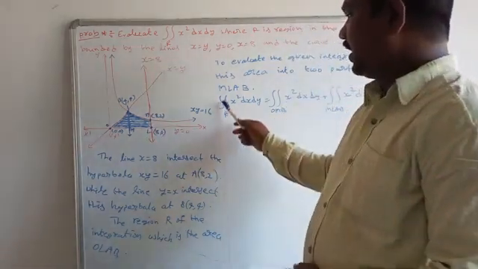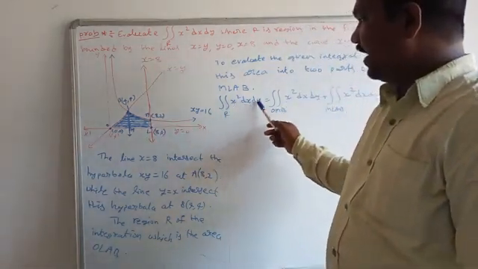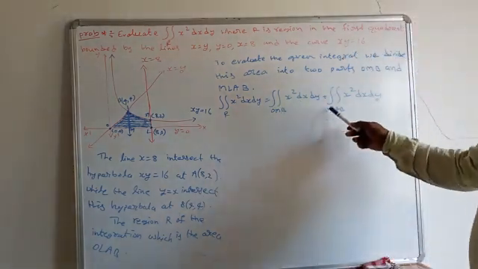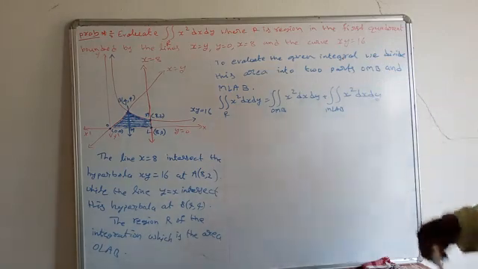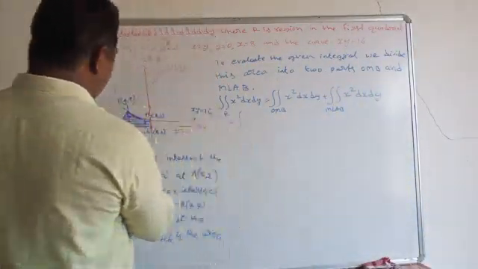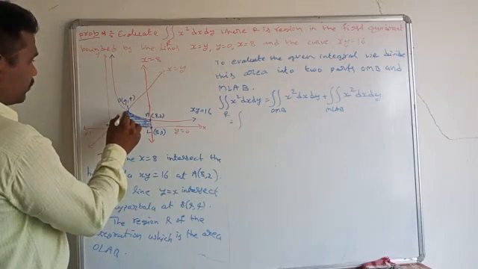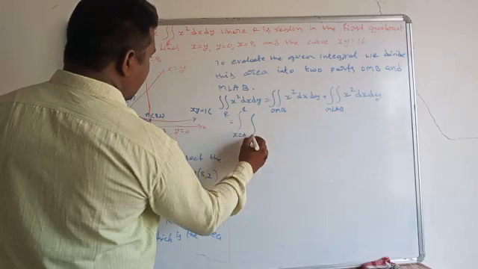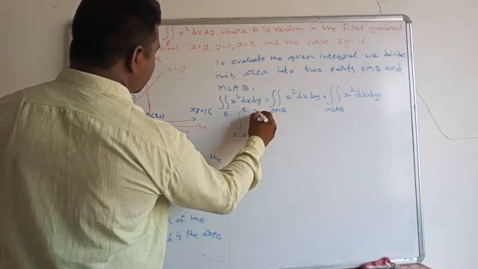The integral over R of x square dx dy is equal to the double integral over OMB of x square dx dy plus the double integral over MLAB of x square dx dy. In the first integral, x varies from 0 to 4 and y varies from 0 to x.